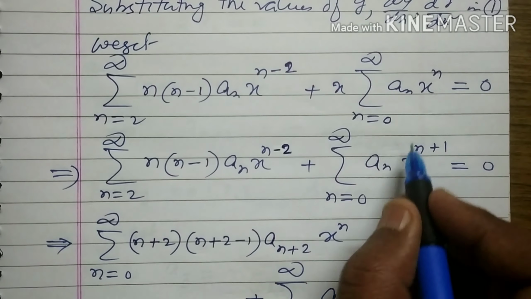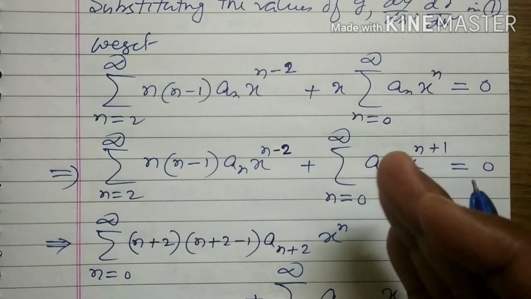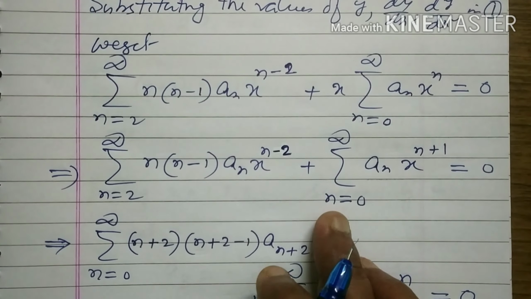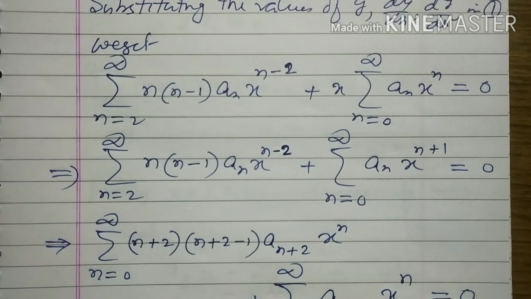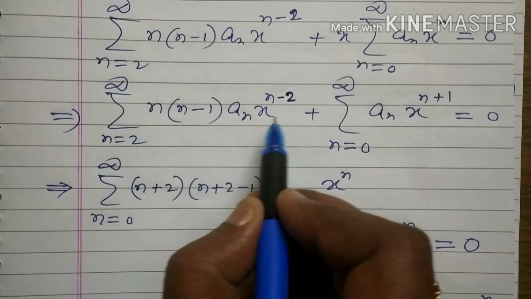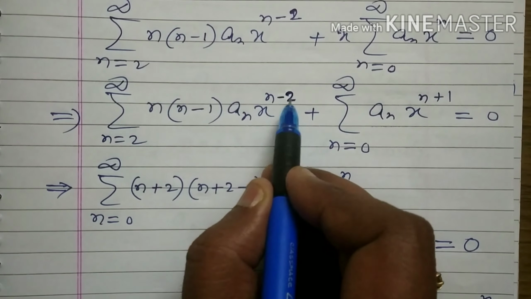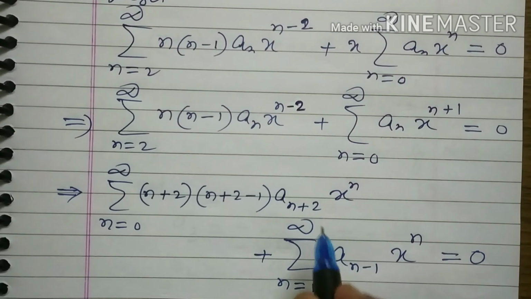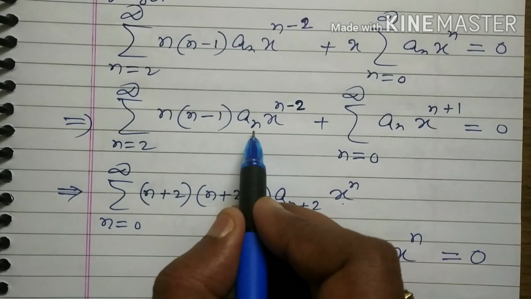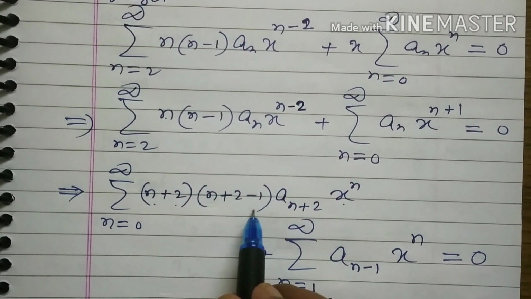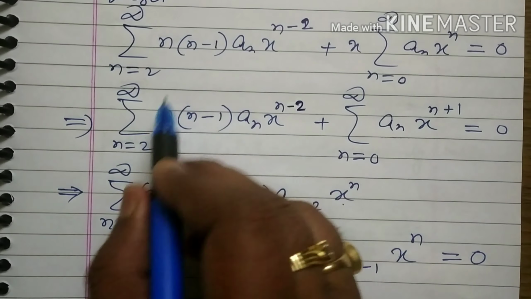Similarly, whatever number you are subtracting from n, you should add to the limit. Very easy, but you should memorize this. Suppose we want to convert x to the power n minus 2 to x to the power n, then n should be replaced by n plus 2, giving x to the power n plus 2 minus 2, and n minus 1 becomes n plus 2 minus 1. So this portion is over.